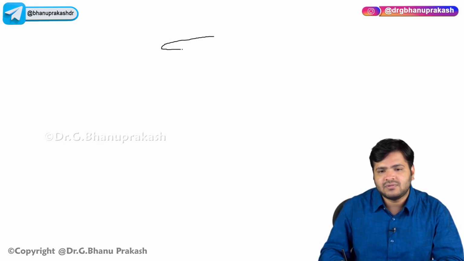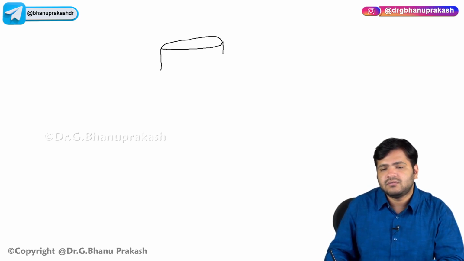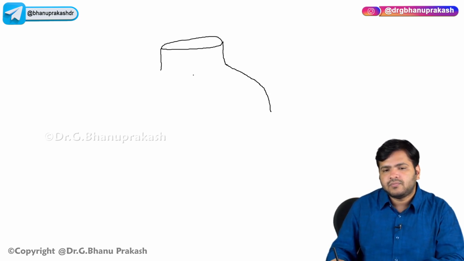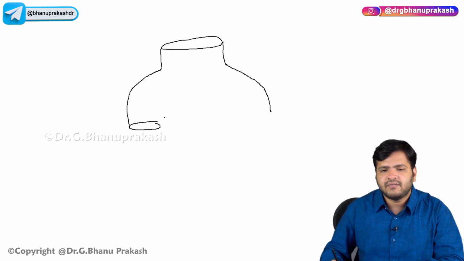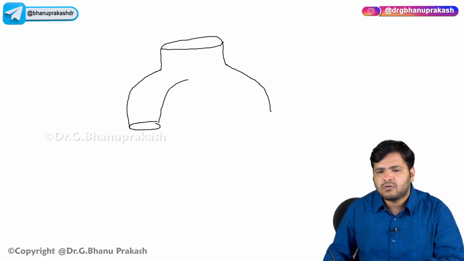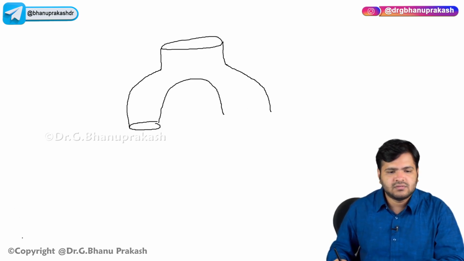Let us suppose this is the sinus venosus, and the sinus venosus has 2 horns, right? Just try to show this.